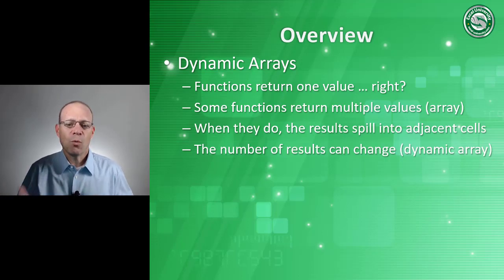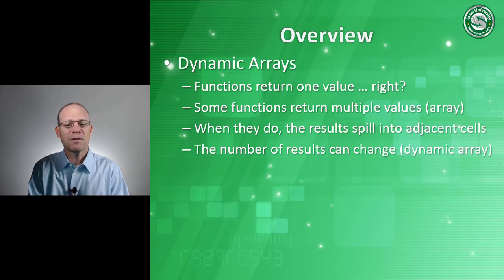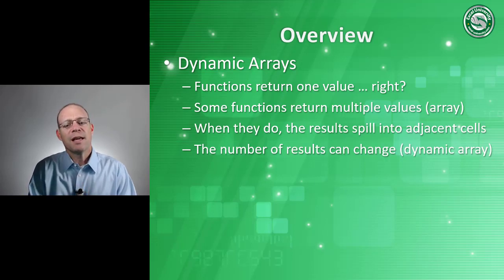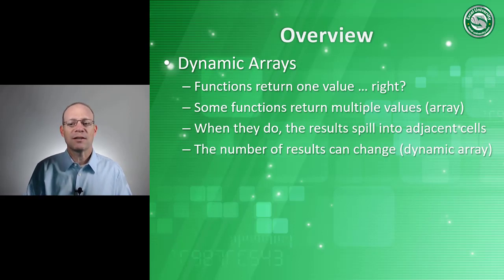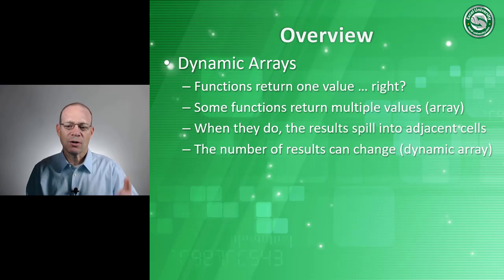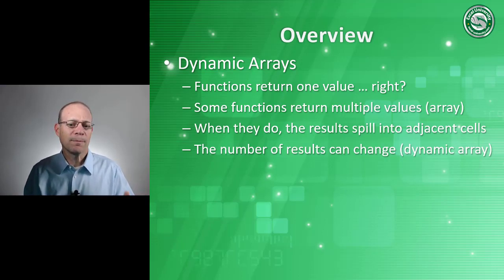And the question is, what happens when a formula returns multiple results? Well, depending on when you're watching this and depending on the version of Excel that you're using, they will spill out of the formula cell and into the adjacent cells. Okay? And this range is called the spill range. And here's the cool part.